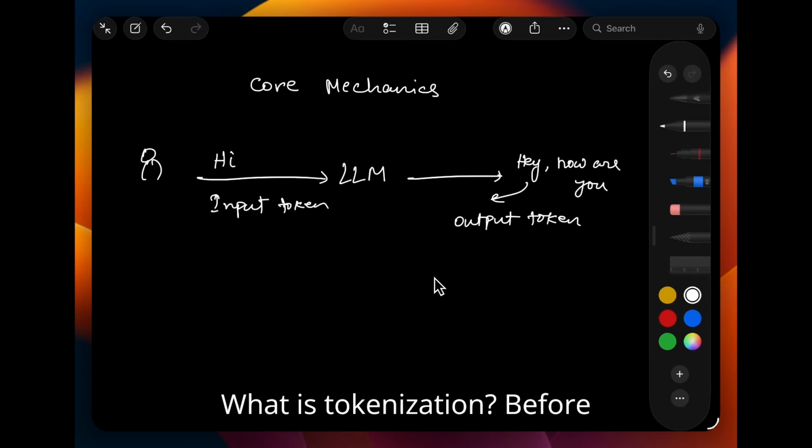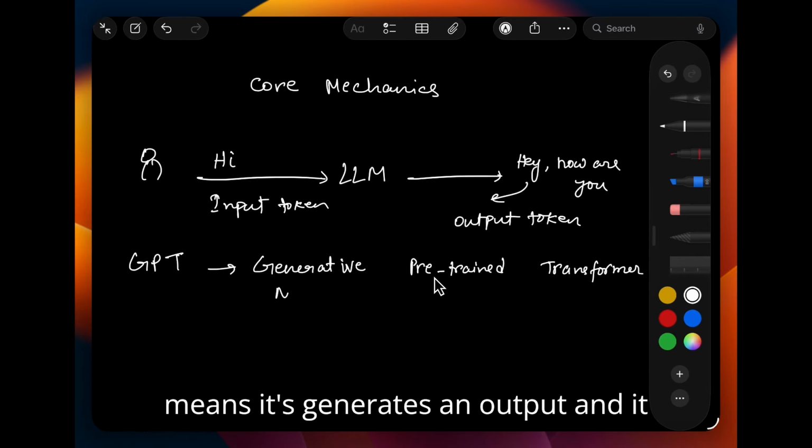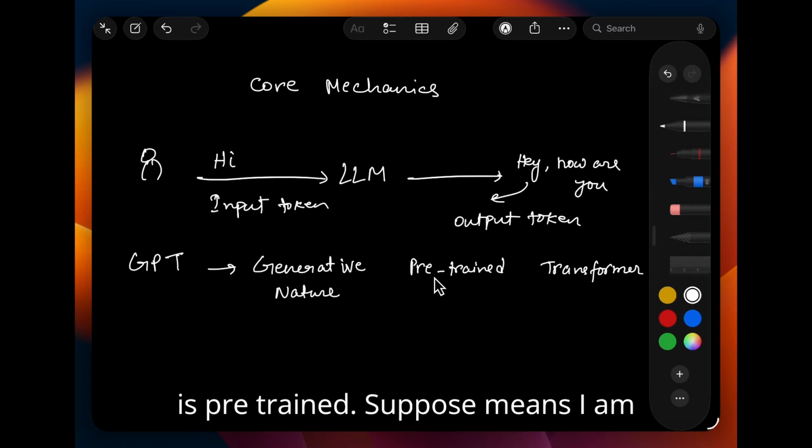What is tokenization? Before that, let me make you understand what the word GPT even means. The word GPT stands for generative pre-trained transformer. The nature of an LLM is generative, means it generates an output, and it is pre-trained. Suppose I am making this video, so I am pre-trained on this topic.